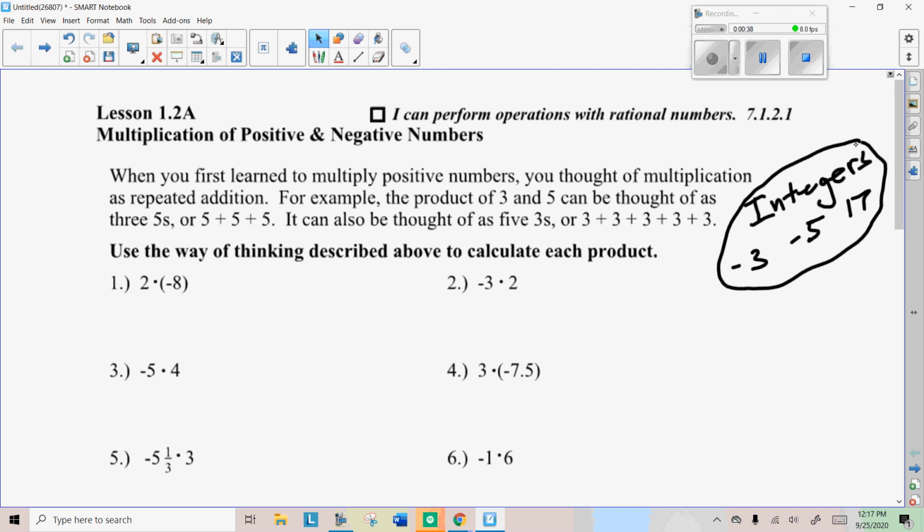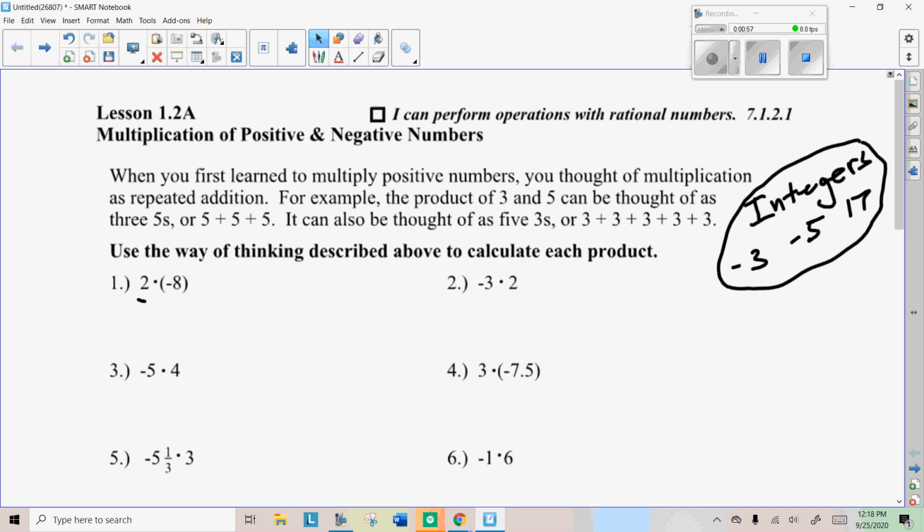Okay. So when you were a wee person in elementary school, you learned that multiplication is used for repeated addition. So we're going to use that to help us think about what happens when we multiply positive and negative numbers.